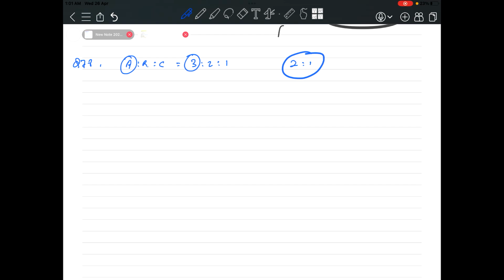Okay, so see how we will solve. B's gain out of A's share. How much? A's share is 3 by 6 into, they are gaining in this ratio 2:1, so 2 by 3.